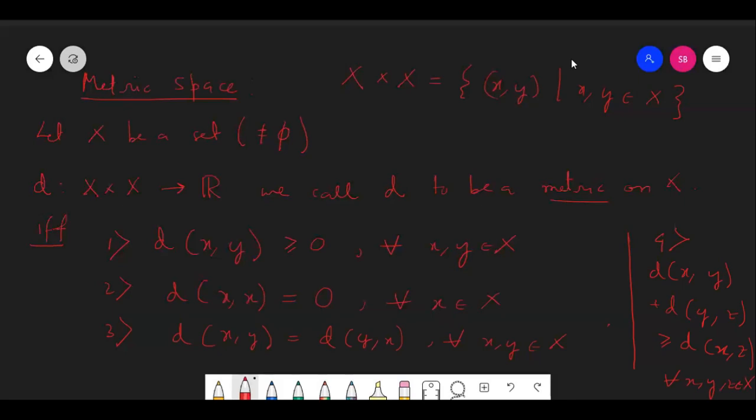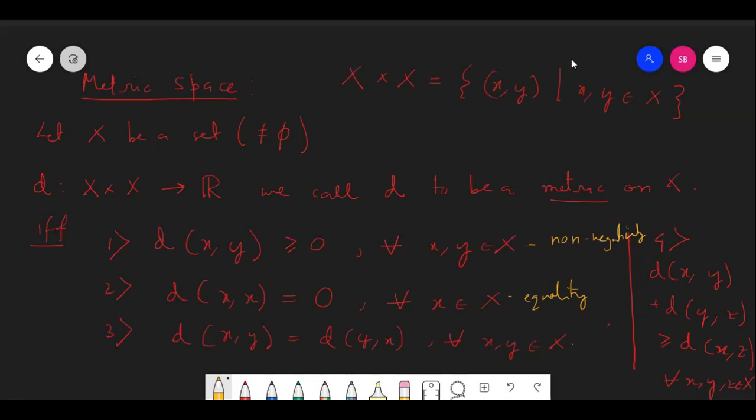So if there is some function D from X cross X to R satisfying all the four conditions, then we call D a metric on X. The first condition we call non-negativity. The second is that equality holds only if x is equal to y.